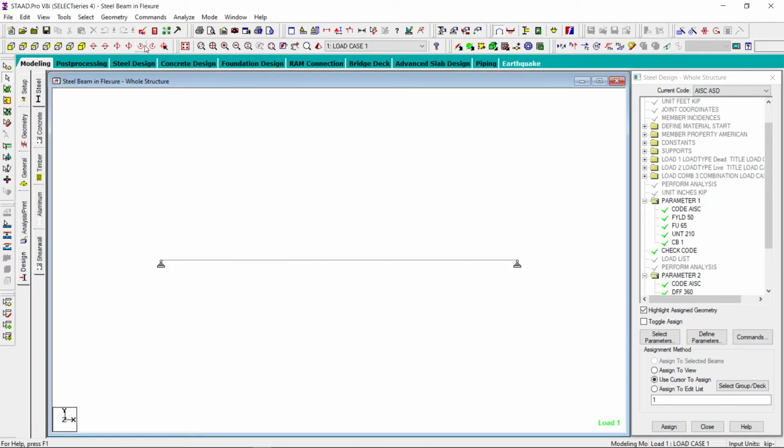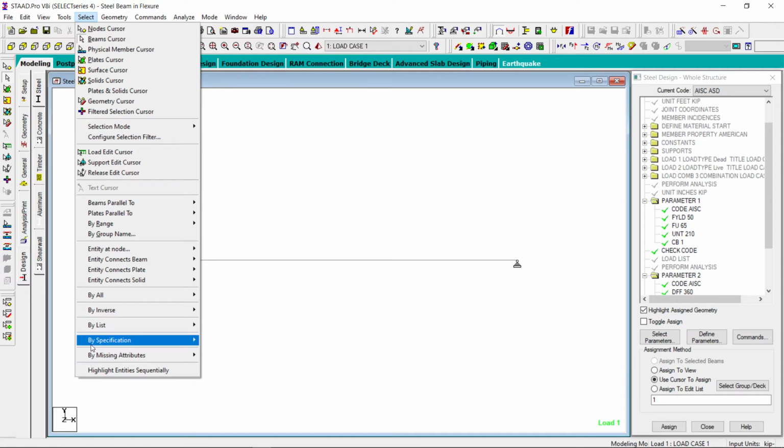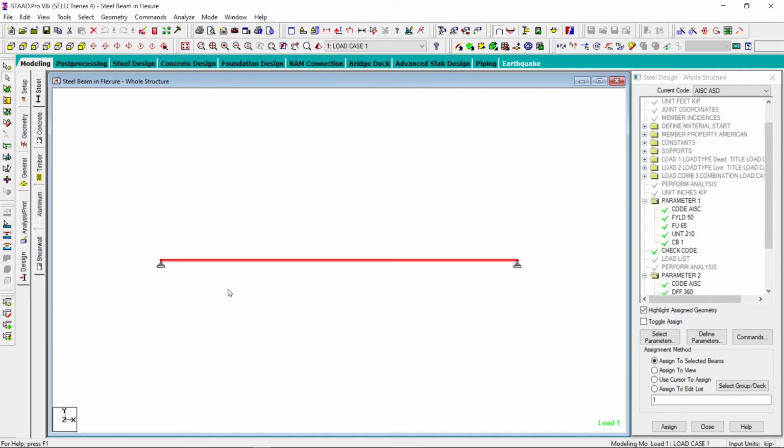Done. Let's see. All failed beams, the beam fails. Here is the mistake, and I should warn all the engineers that if you are designing a steel beam especially with STAAD, you should pay attention to define the unsupported length properly and the corresponding CB values.